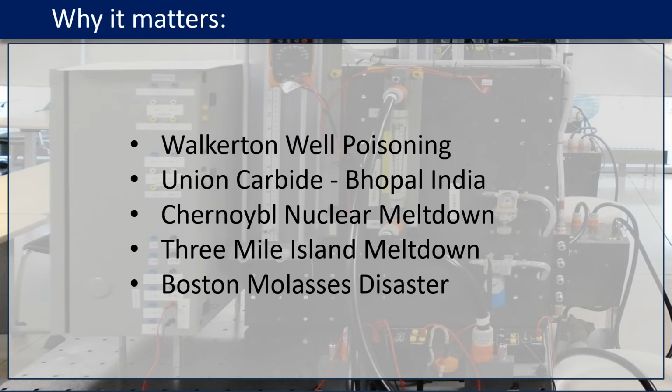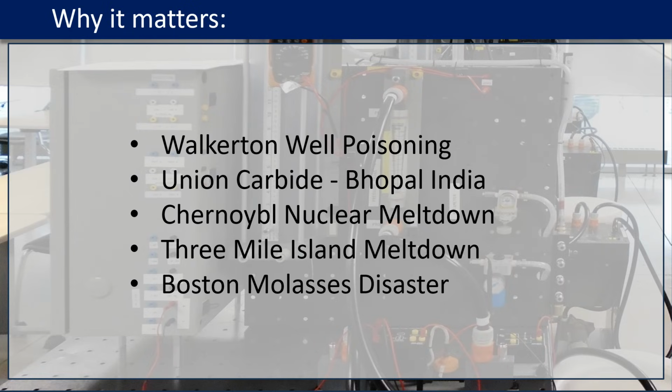Consider these events: 1. Walkerton, town water contamination, inadequate monitoring and reporting. 2. Bhopal gas disaster, failed or disabled safeguards, poor maintenance and ignored warnings. 3. Three Mile Island partial meltdown, inadequate and misleading instrument information. 4. Chernobyl nuclear disaster, unsafe design, procedures and operating decisions. 5.